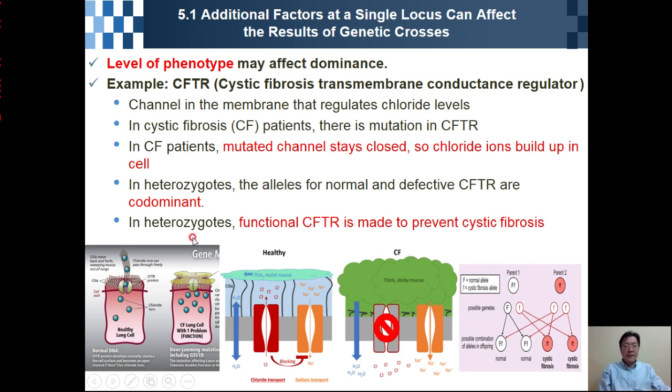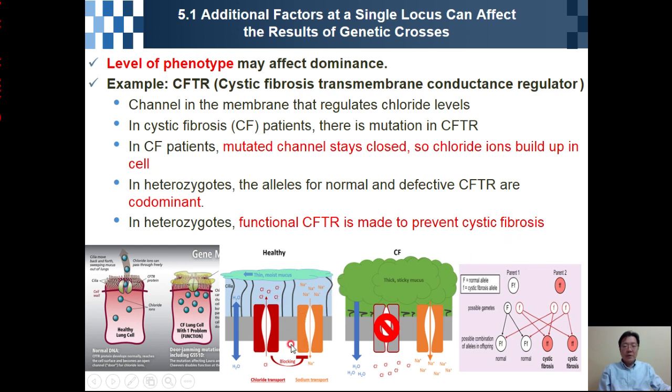But in the heterozygote, the allele for normal CFTR, large F, and the defective CFTR, small f, are codominant. But in the heterozygote, functional CFTR is made to prevent cystic fibrosis.